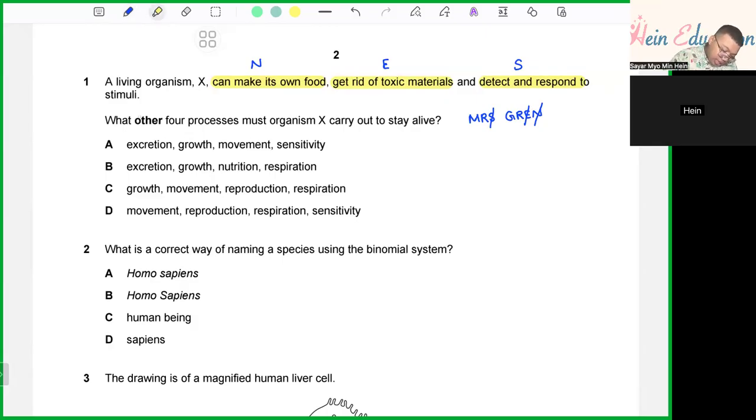The question asks for four processes. Whatever we are left with is movement, respiration, growth, and reproduction. So we got all these four: growth, movement, reproduction, and respiration. So the answer is C.